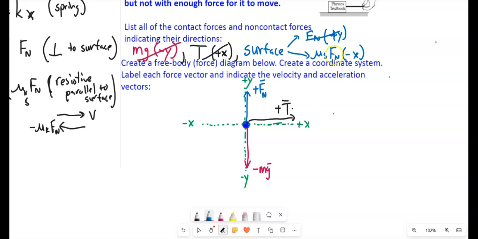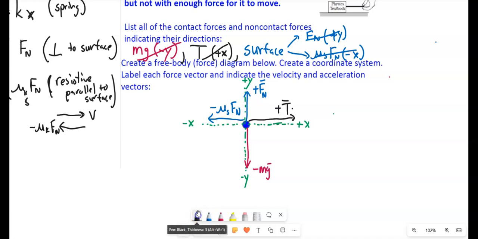And this other one, which is the friction force, is pointing in the negative x direction. So I'm going to draw a vector pointing to the left, and that's going to be mu sub s because it's not moving, the friction force. I got that. The last thing you're supposed to do is label the velocity vectors and acceleration vectors.